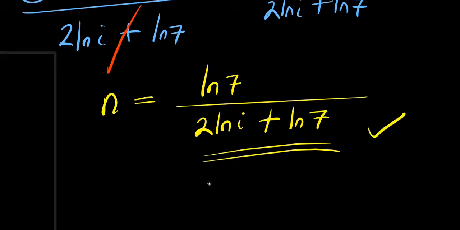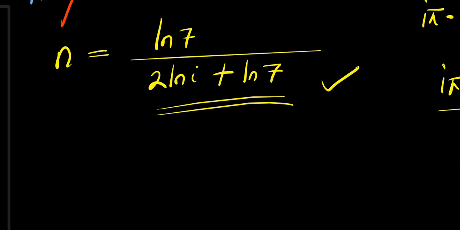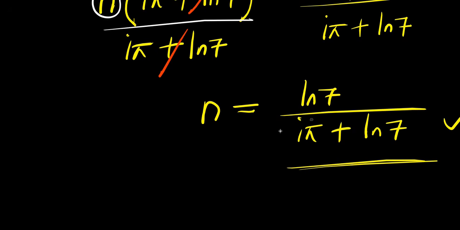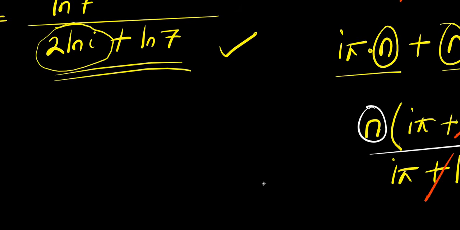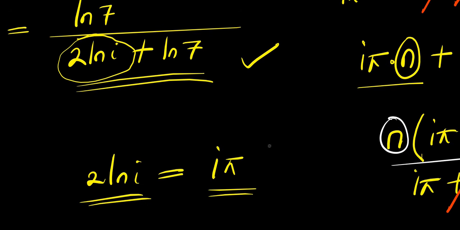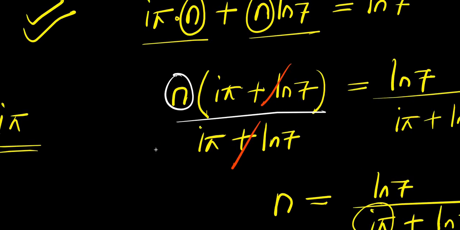So we have two variations. Here we have natural log of 7 divided by, here we have 2 times natural log of i, while in this other part here, we have i times π. So this simply means that 2 times natural log of i is the same thing as iπ, because the both of them are obviously the same, and that is why the two solutions are correct.